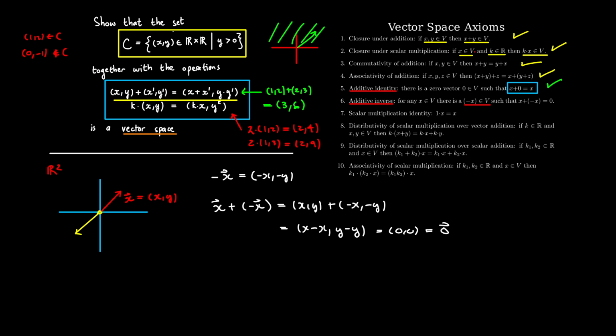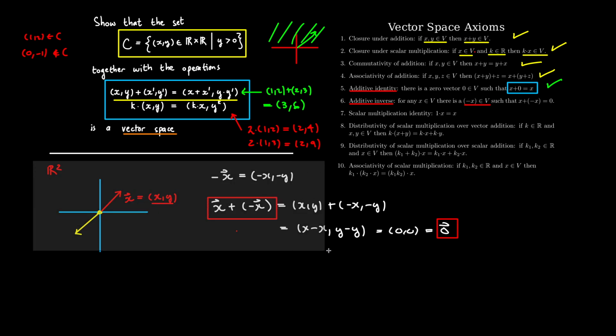And so, because our vector x was really anything, x and y can be anything here, this law that x plus negative x is equal to 0 holds in general, so that in Euclidean 2 space, we've just verified axiom 6.